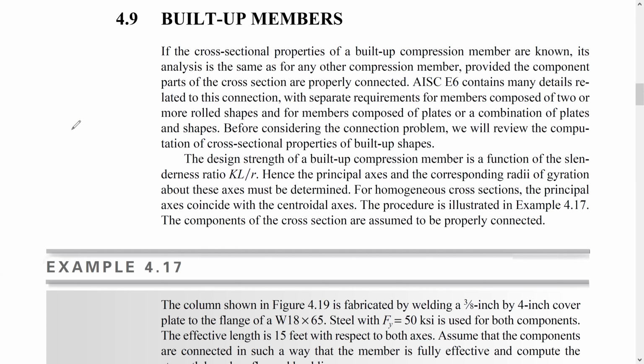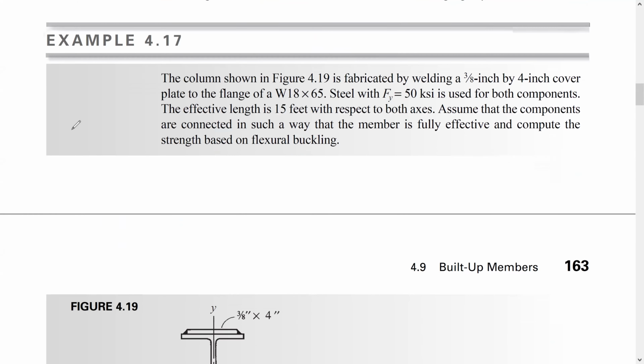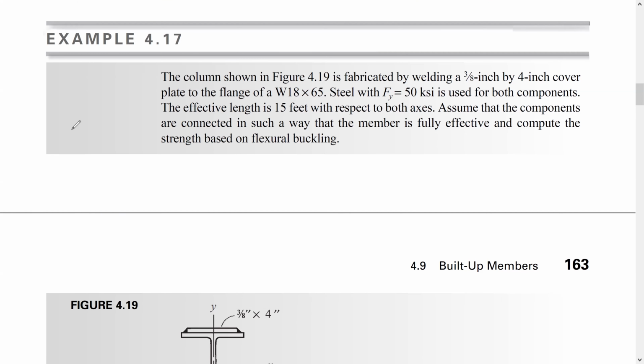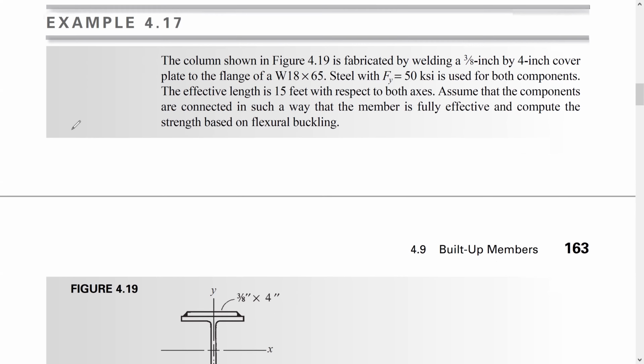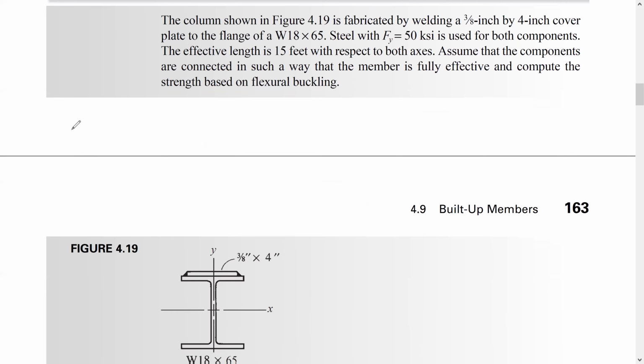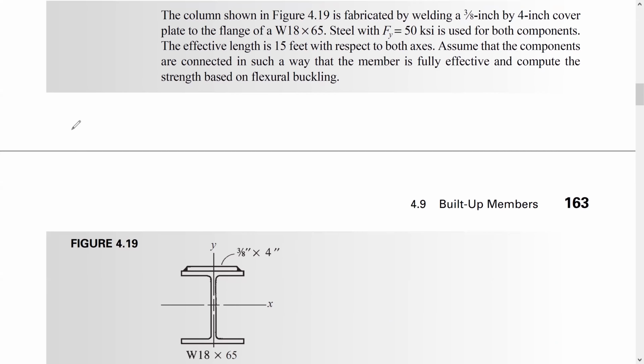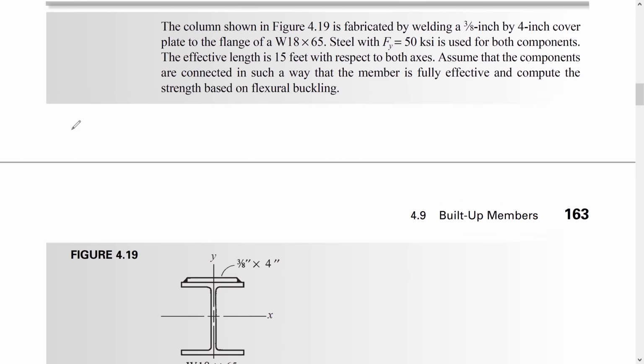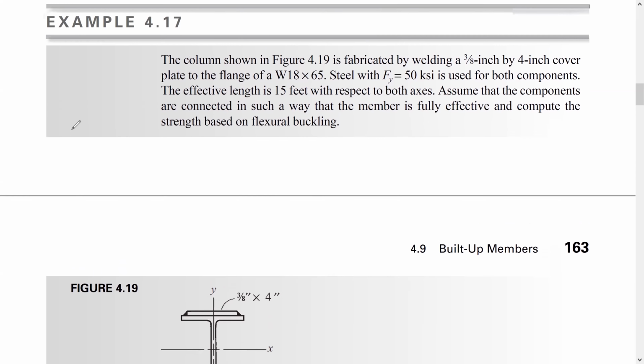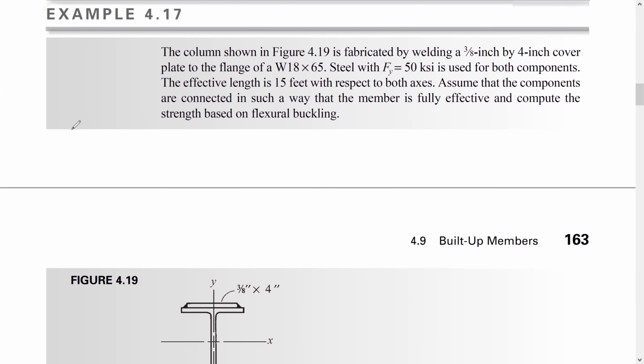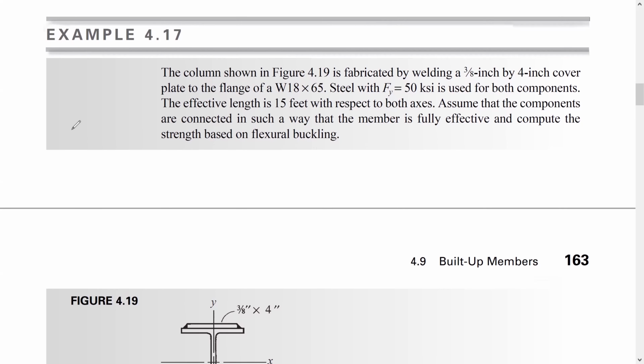So in example 4.17, we do have the column shown in figure 4.19, which is this one. It's a wide flange 18 by 65, and there is a cover plate welded to the upper flange, which is 3/8 by 4, and 3/8 is the thickness and 4 is the width.